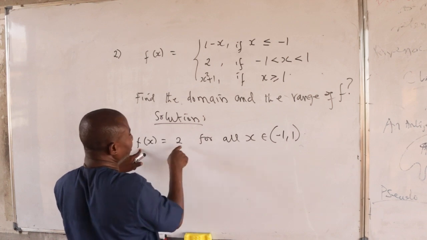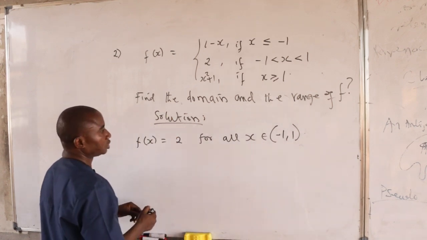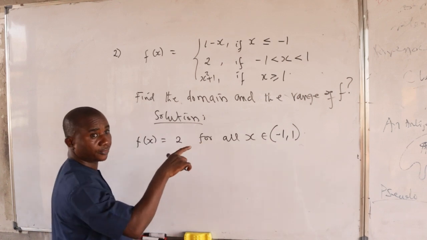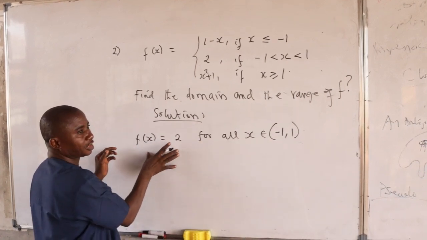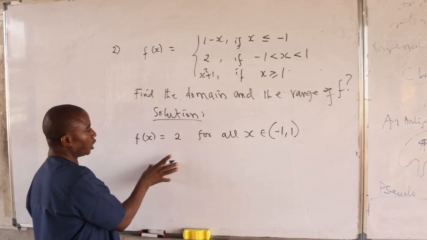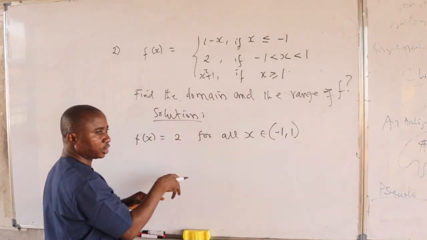This function has the value 2 for any element of this interval. So what it means is that this is a constant function, as I explained in class, the definition of a constant function. So I'm happy this example is here, so we understand how constant functions behave all the more.